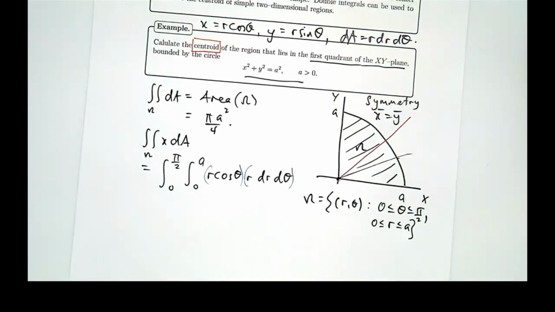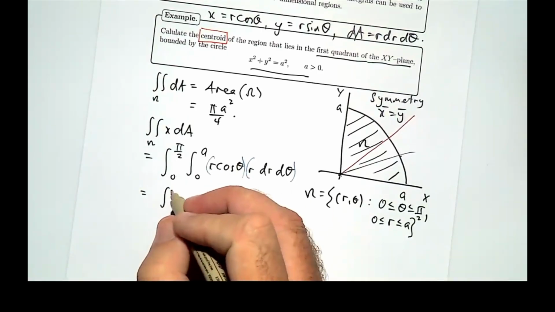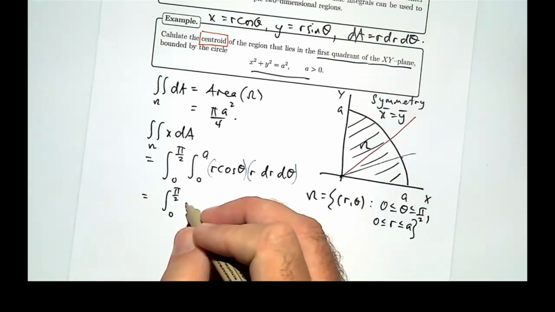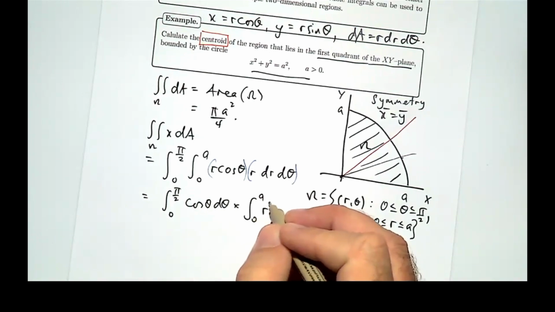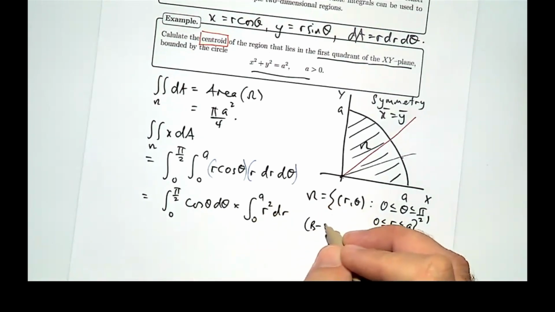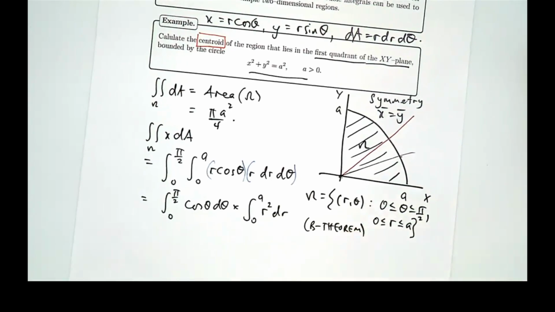Now the B theorem from yesterday. You can split this integral up into the product of two single integrals, if you want to. Because it's r squared times cosine theta, right? So I would just split it up. And then you can work that out, which is pretty easy, right?